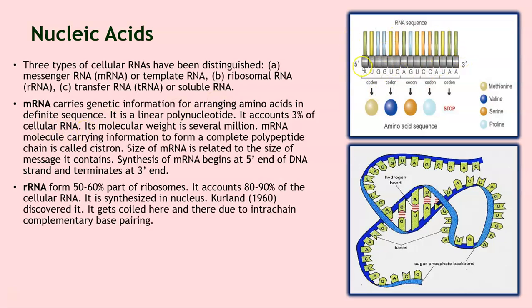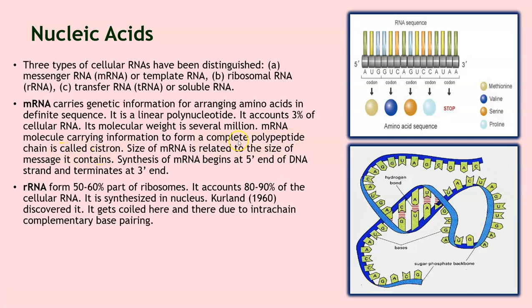So have a look at this image here. This is your mRNA or messenger RNA. It is linear. Its molecular weight is several millions. The mRNA segment that carries information to form a complete polypeptide chain is called the cistron.